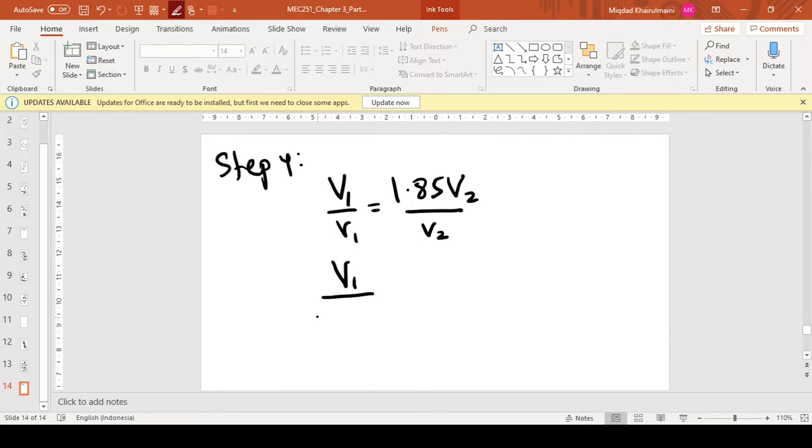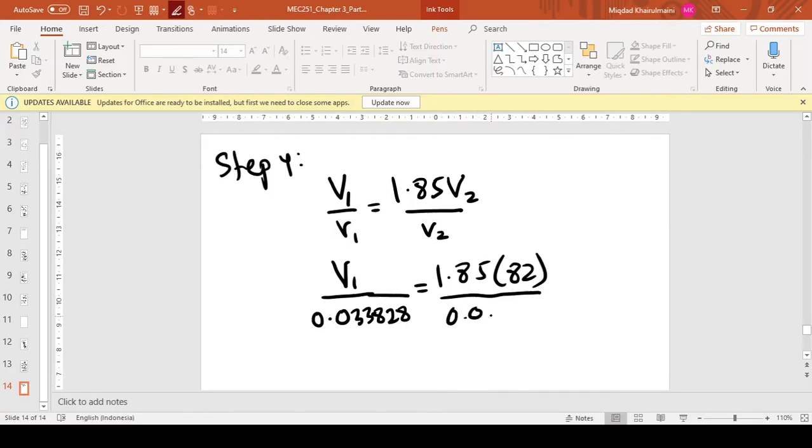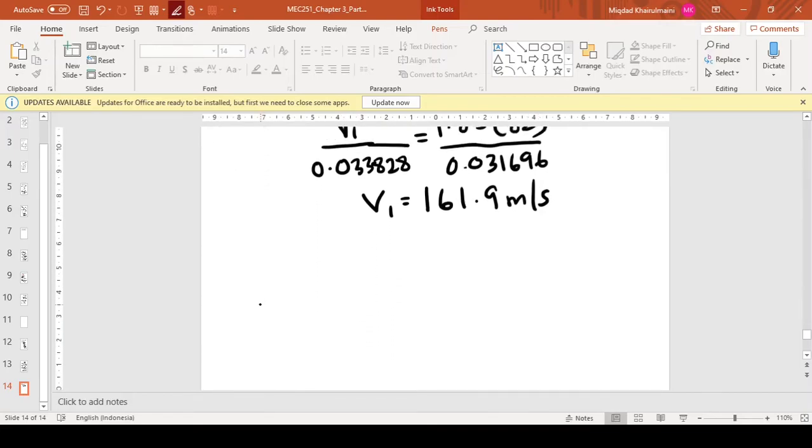So specific volume at state 1, 0.033828, equals 1.85 multiplied by velocity at state 2, 82, over specific volume at state 2, 0.031696. We can solve for velocity at state 1 here, and we should get around 161.9 meters per second. Depending on your decimal points, you might get slightly different answers, so be careful with your decimal points.